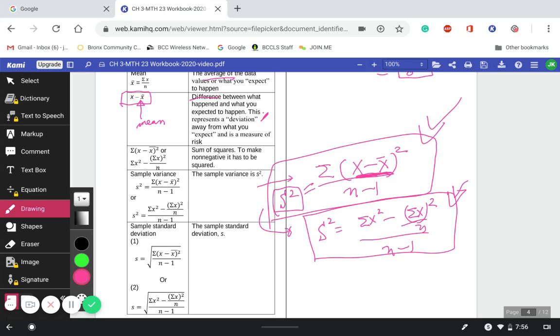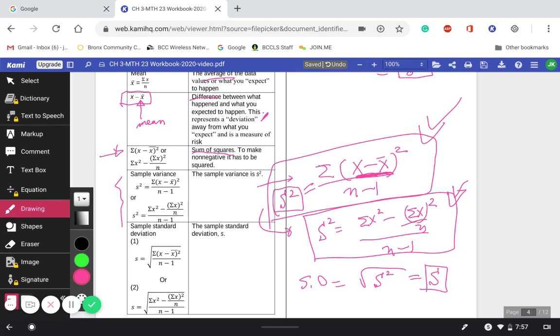And then you get standard deviation by square rooting a variance. So s becomes the standard deviation of sample data, sample statistics. So that's what is here: variance, and this one is the middle one. You get the summation of sum of squares. The reason why we square is to make non-negative values, because when you get a difference between x and x bar, sometimes you get a negative value.